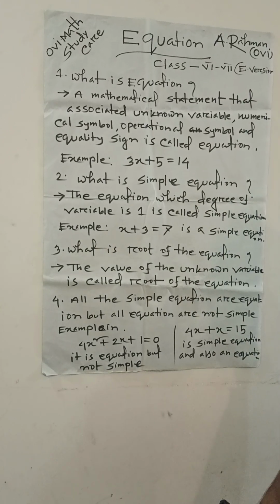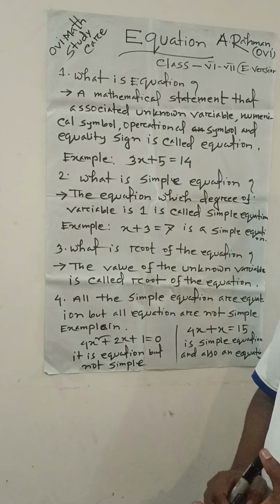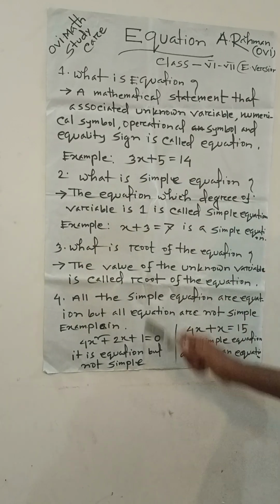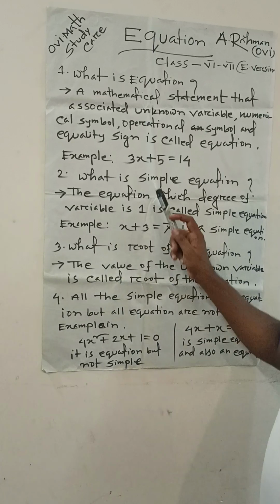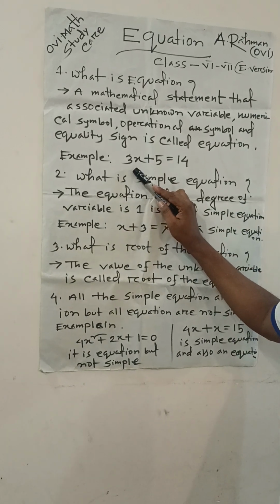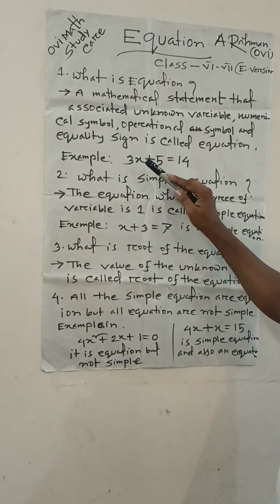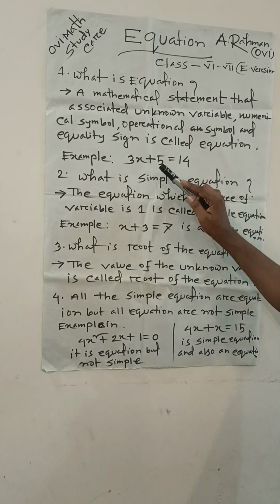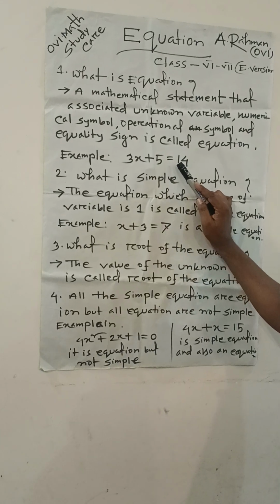It is badly needed to be an equation. The equation must have equality sign. So what is the exact definition of our equation? A mathematical statement which is associated with numerical symbol, unknown variable, operational symbol, and equality sign is called equation.